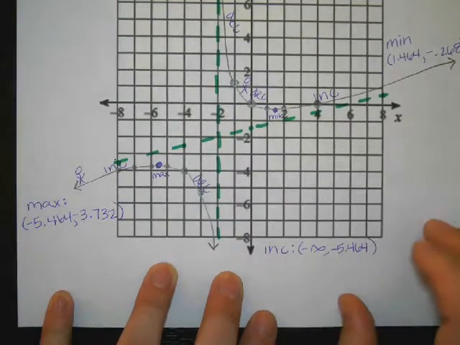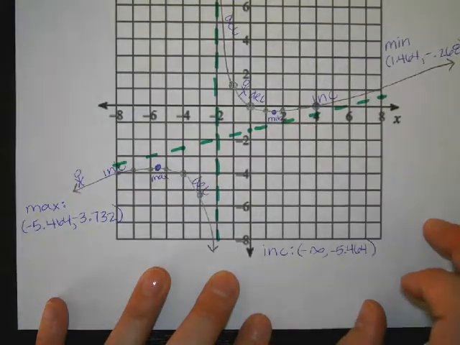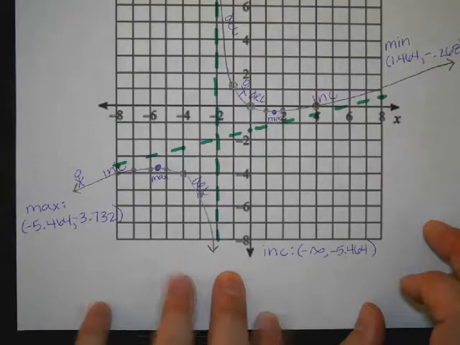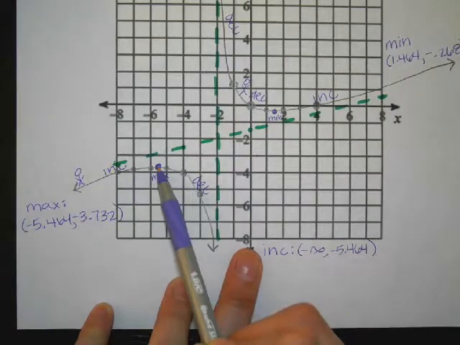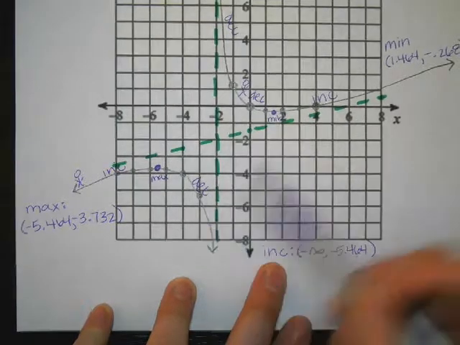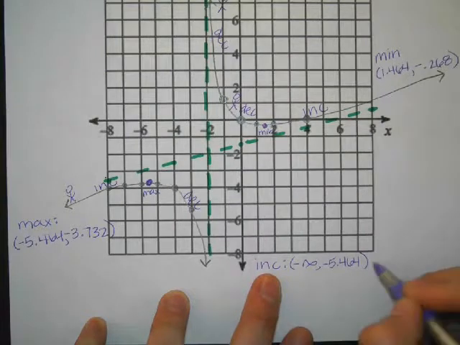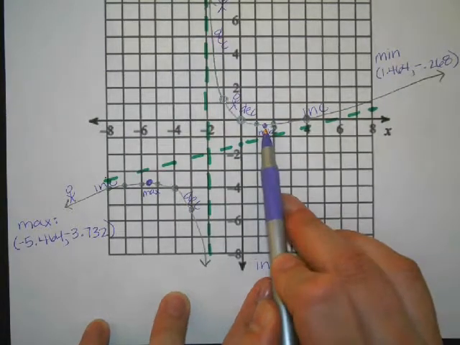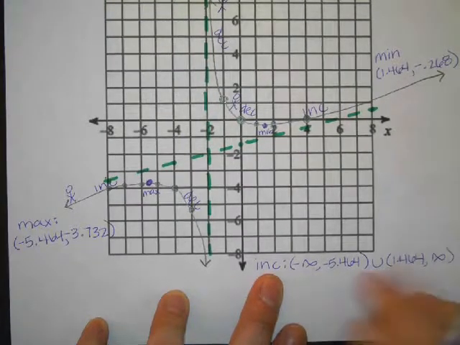And if you guys remember, with increasing and decreasing intervals, we always use parentheses. We never, ever, ever use a bracket. Always parentheses. Okay, so he's increasing from negative infinity to negative 5.464, and then he decreases. So I'll write that in a second. And then here is decreasing and decreasing. So where is the next increasing? 1.464 to infinity. Okay.